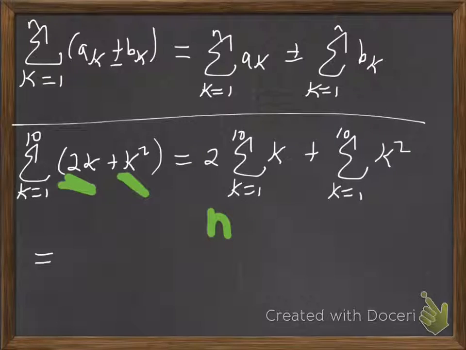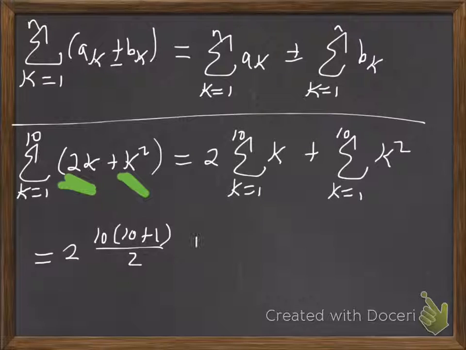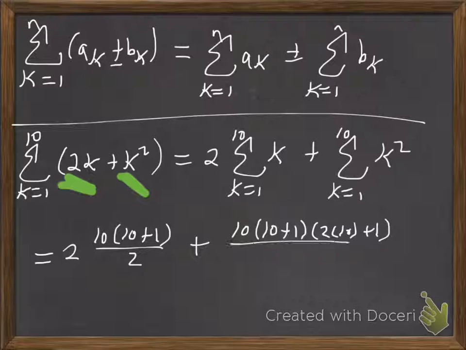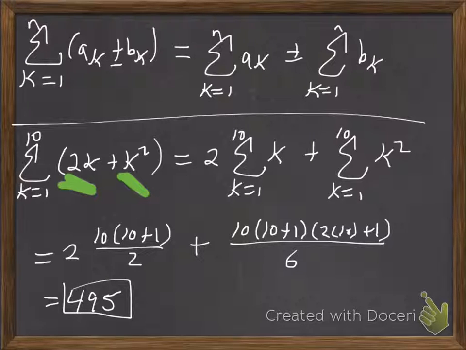So we have 2 times 10 plus 1 over 2, plus 10 plus 1, 2 times 10 plus 1, all over 6. Now just punch this into your calculator, but don't punch it too hard. You don't want to break it. When we do that, we get 495 as our sum.